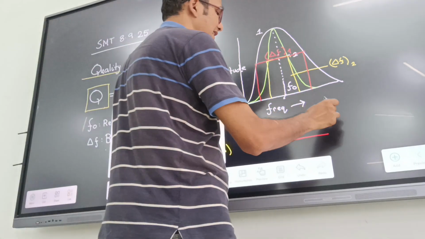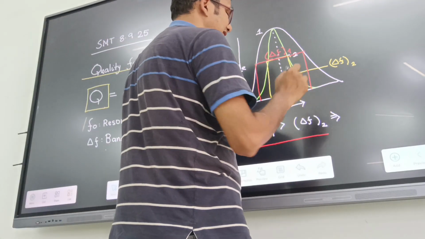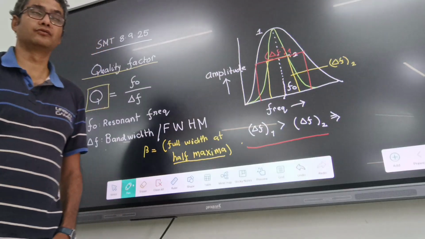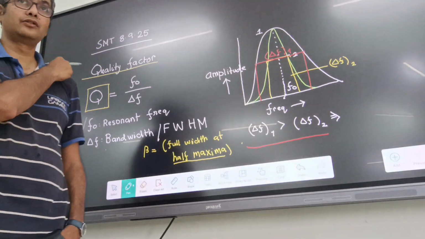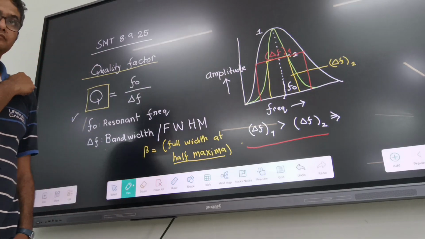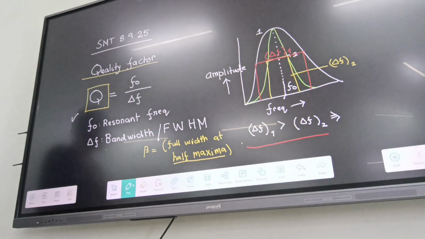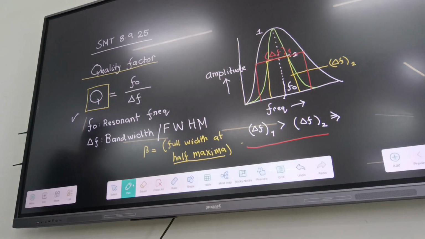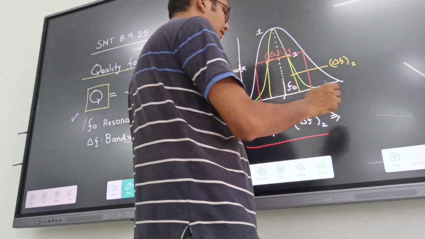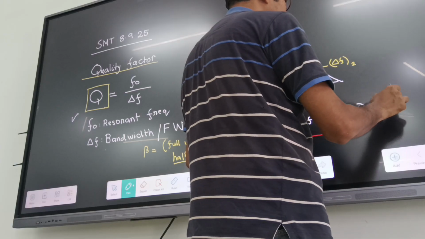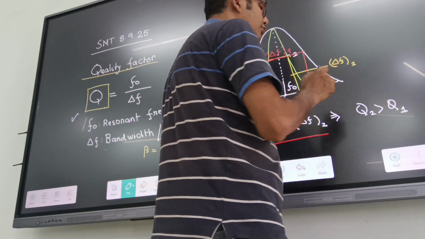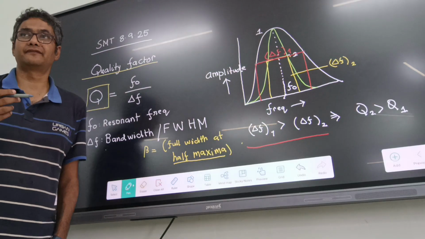So it implies that which one is higher, Q1 or Q2? As per this equation, Q1 higher or Q2 higher? The one whose delta F is smaller will have the higher Q, so Q2 is higher. That means Q2 is more sensitive.